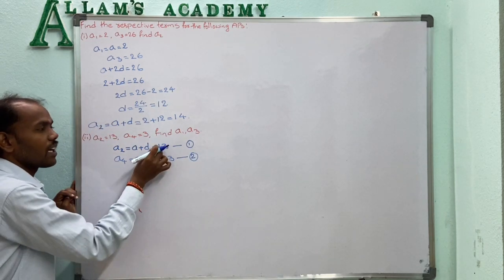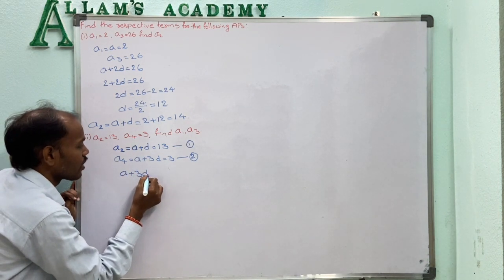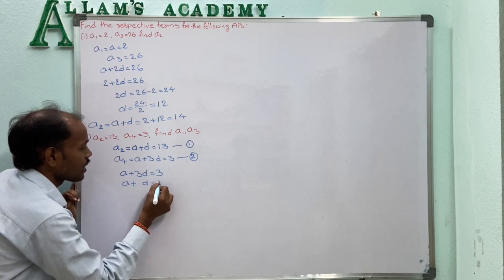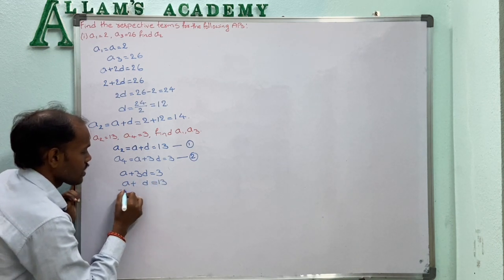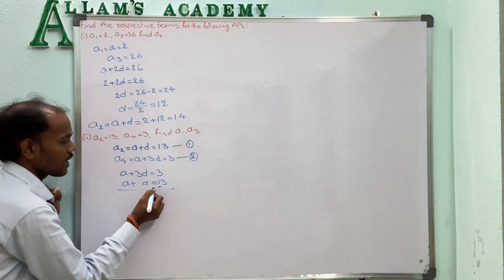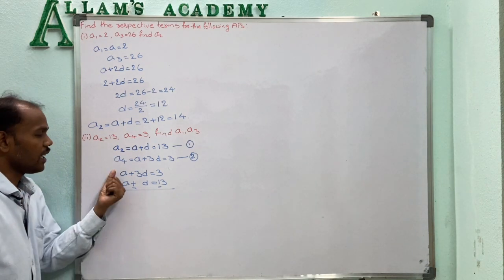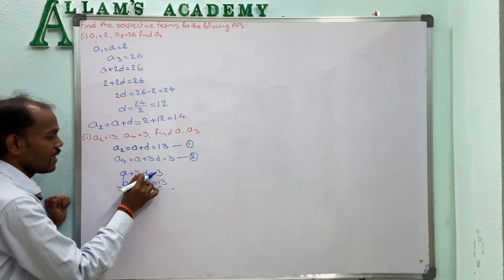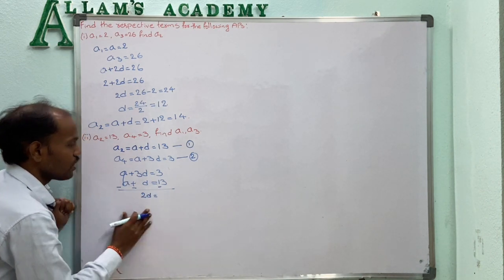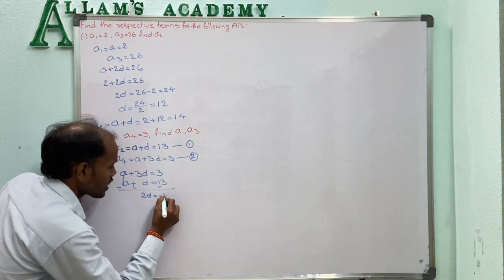Now subtracting equation 1 from equation 2: a plus 3d equal to 3, a plus d is equal to 13. Now subtracting, so we have to change the signs. So plus 13 will be minus 13, plus d will be minus d, plus a will be minus a. a minus a gets cancelled. 3d minus d, that is 2d, is equal to 3 minus 13, which is minus 10.